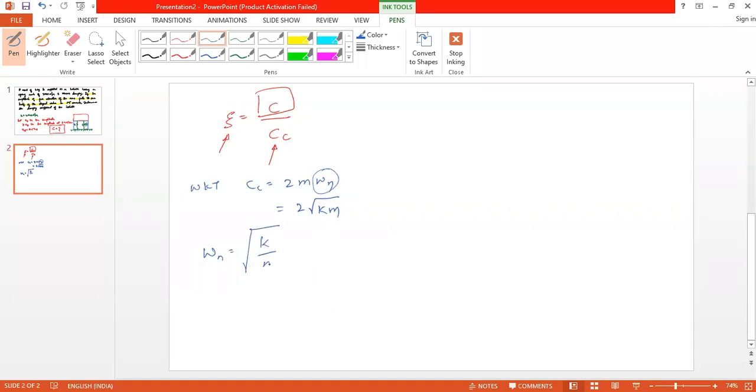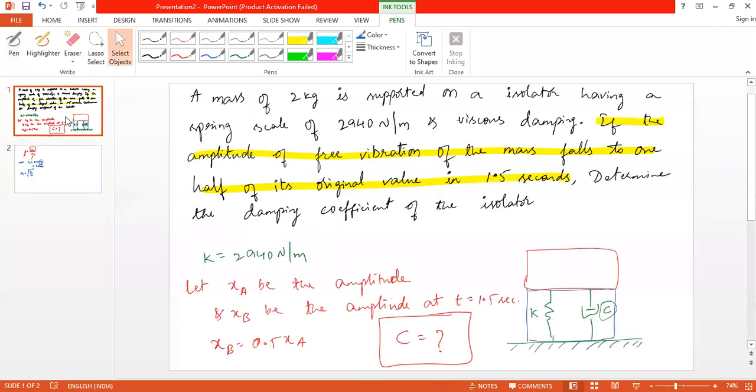Omega n is root of k by m. Do we know the value of k and m?